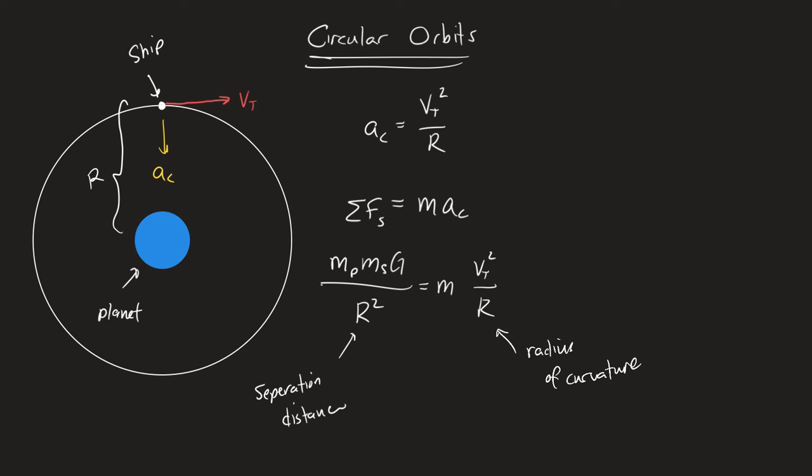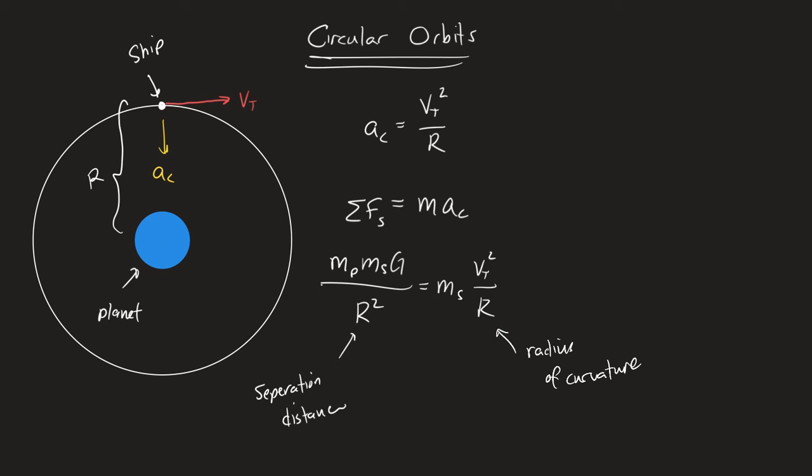And which m is on the right side? The mass of the planet or the mass of the ship? Yes, sir? Mass of the ship. It's the thing that's going in the circle. It's the thing experiencing the unbalanced force, but they're both experiencing the unbalanced force. So you have to be careful here. We're talking about the ship, not the planet. If I was asking about the planet, then the mass of the planet would go here.